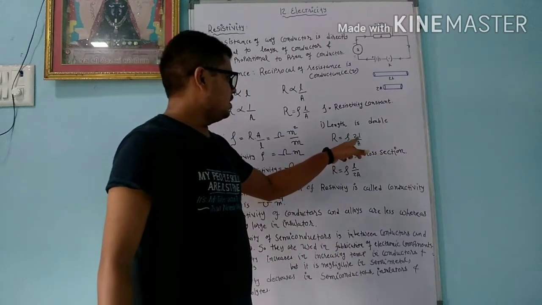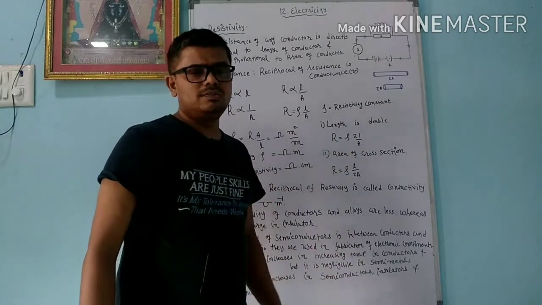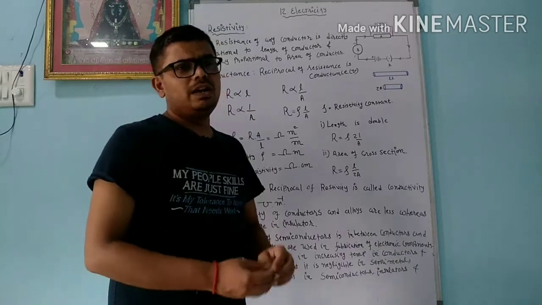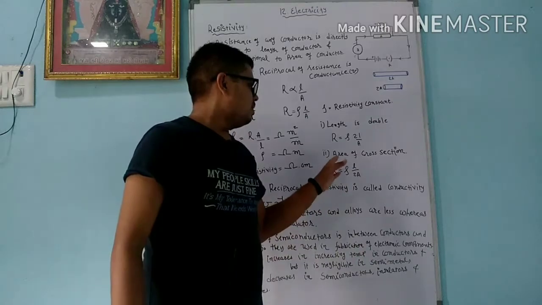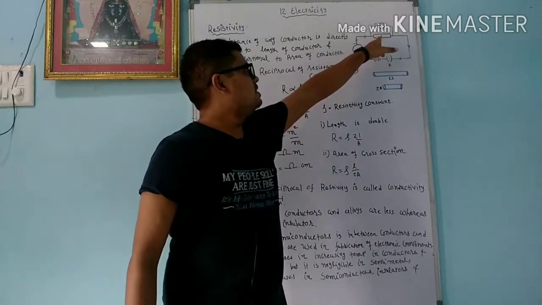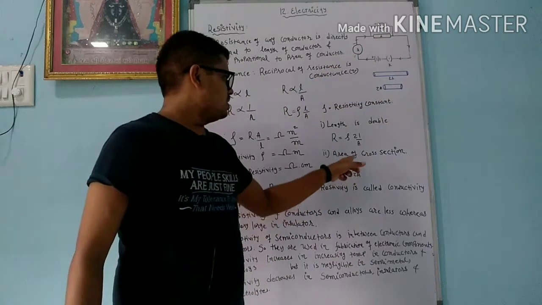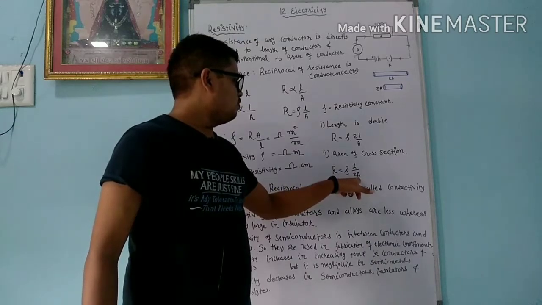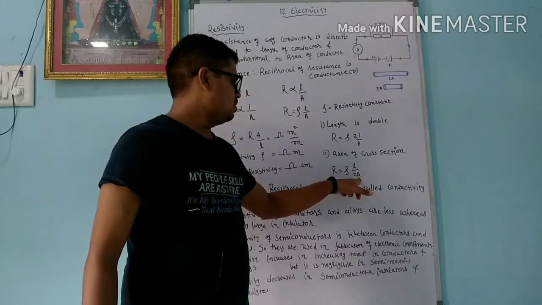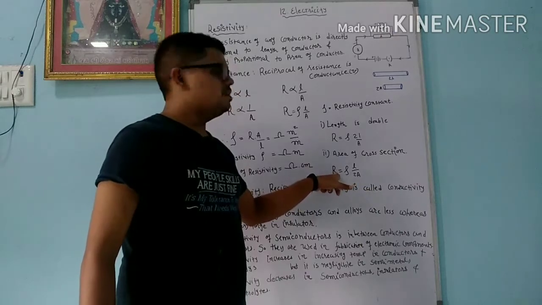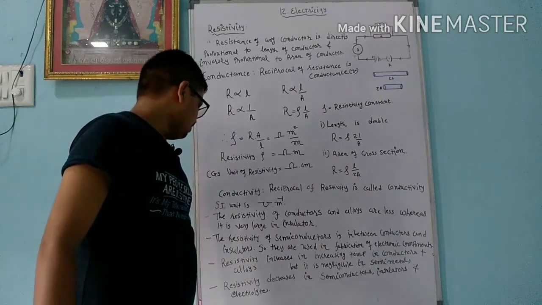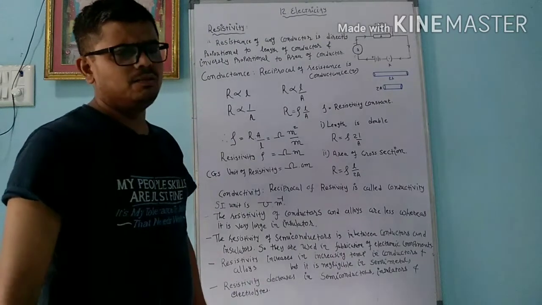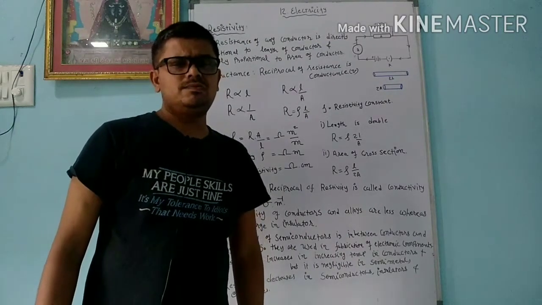In the first case, the length is doubled. When we increase the length, we know that resistance also increases. So when the wire length is more, the resistance is also increased. Regarding the area of cross section, here the area is less, here the area is more. As the area is doubled, and area is in the denominator, when area increases, resistance decreases, which means conductance increases. Now a few things are given about conductors.